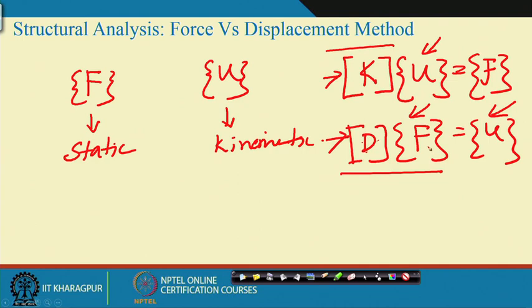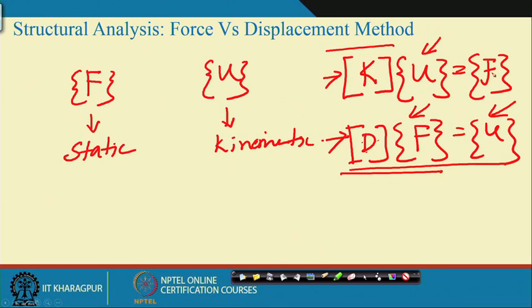As the name suggests, in force based method the forces are the primary unknown, where we use the flexibility matrix, and with the knowledge of kinematic condition, we determine the unknown forces. And for displacement based method, the static conditions are known and we determine the kinematic variable using the stiffness relation.